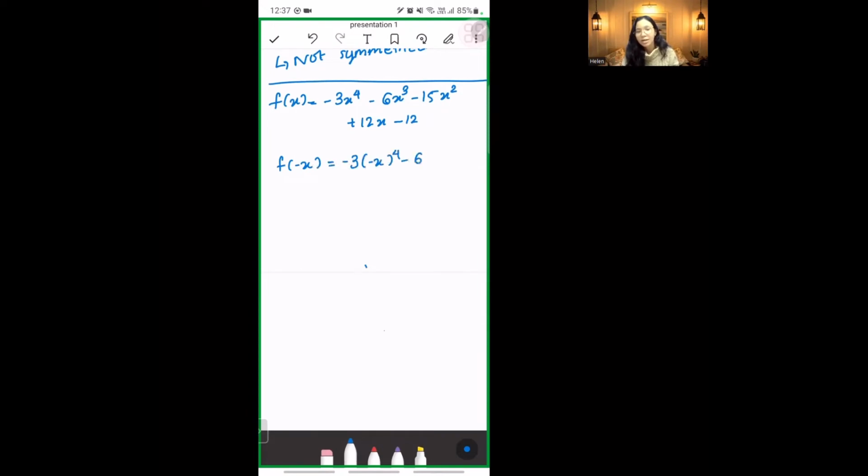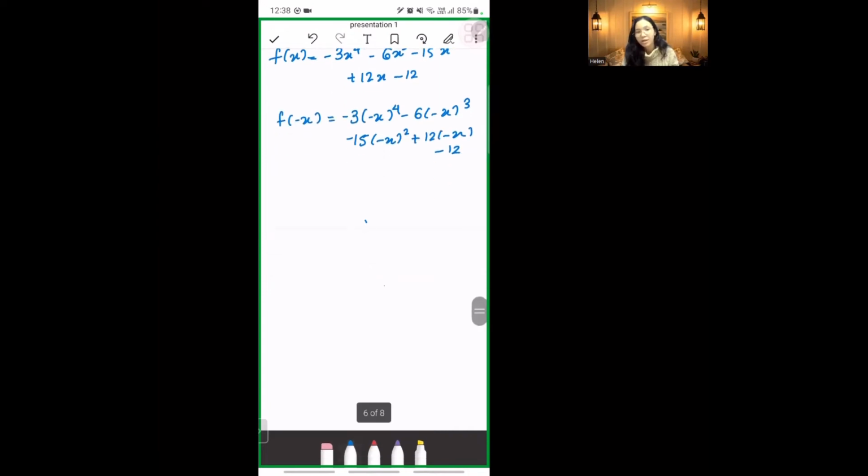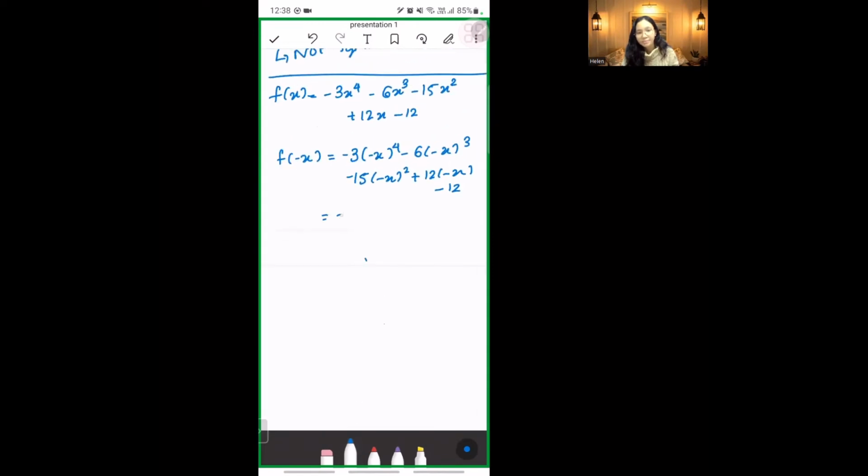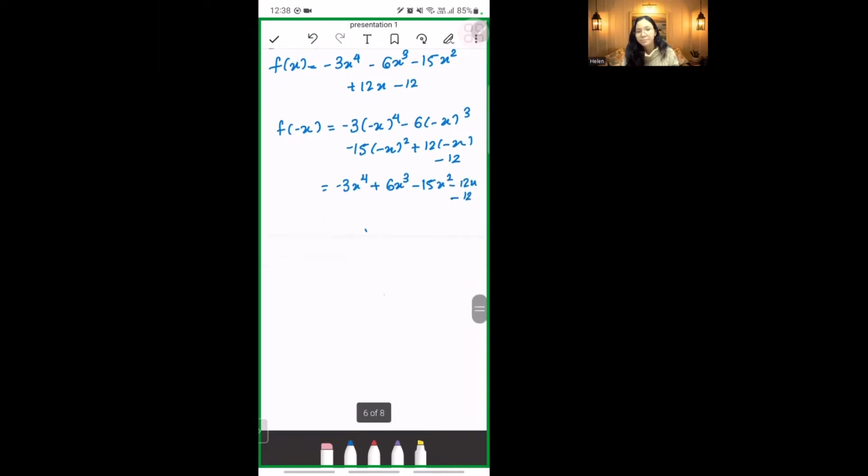So minus 3 multiplied by minus x to the power 4, minus 6 times minus x cubed, minus 15 times minus x squared, plus 12 times minus x, minus 12. So we will get minus 3x to the power 4 plus 6x cubed minus 15x squared minus 12x minus 12.